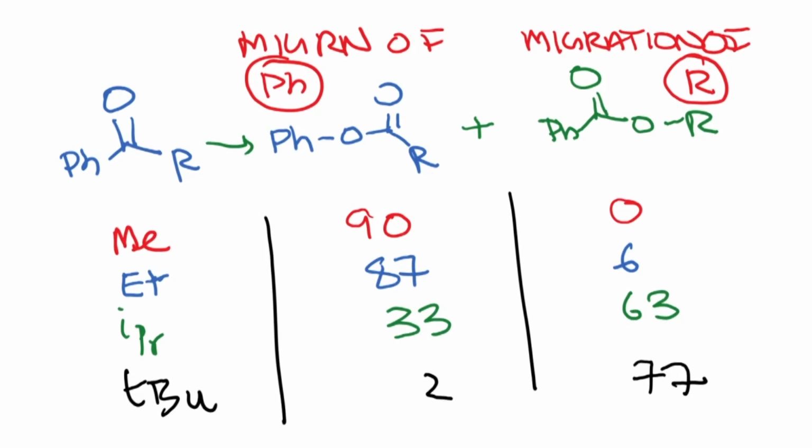And as the group size increases to isopropyl and tertiary butyl, then one of those two groups migrates. You might get a clue here in that the stabilization of partial positive charge works better as the group size increases. A tertiary carbocation is more stable than a secondary carbocation, and so this might have some role to play in our understanding.